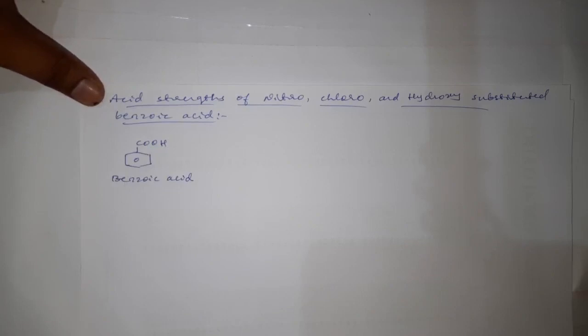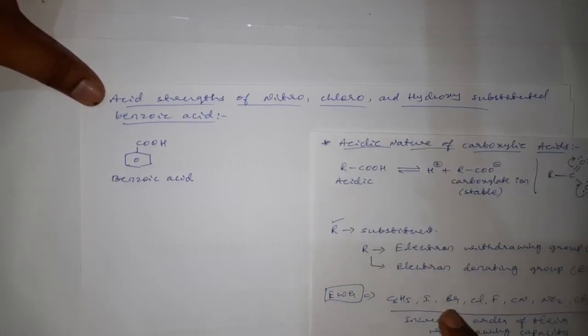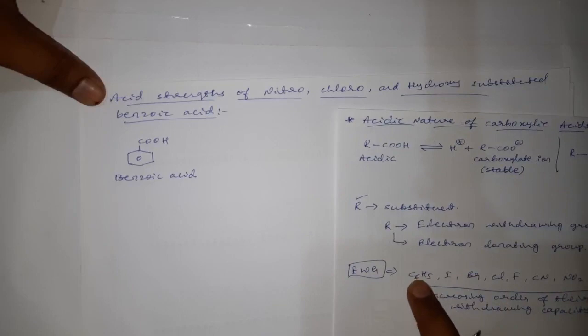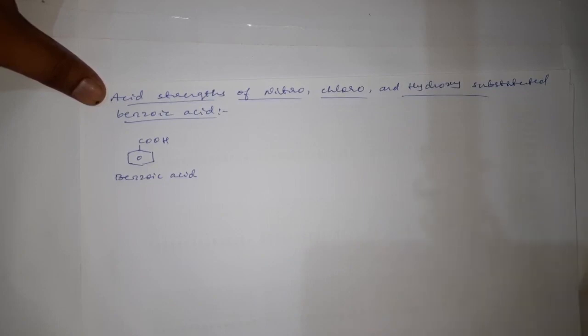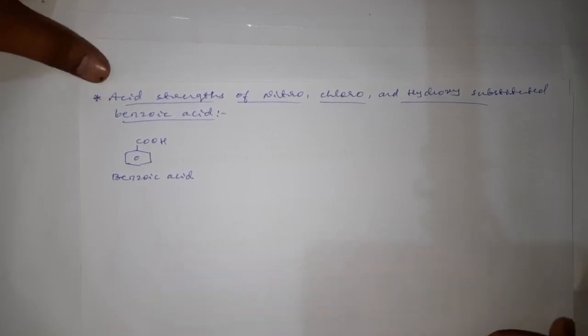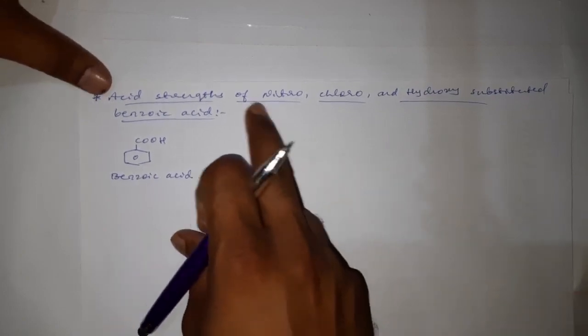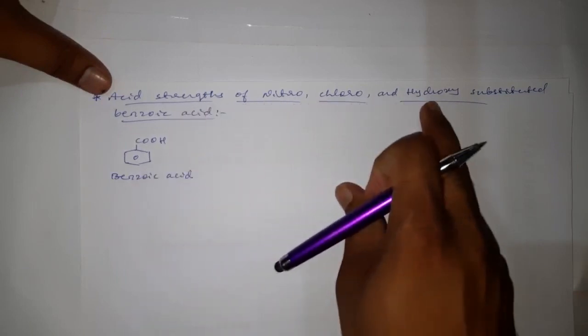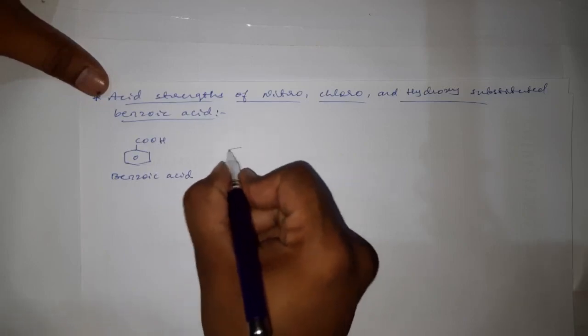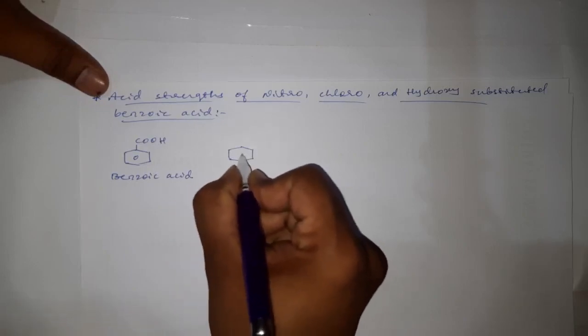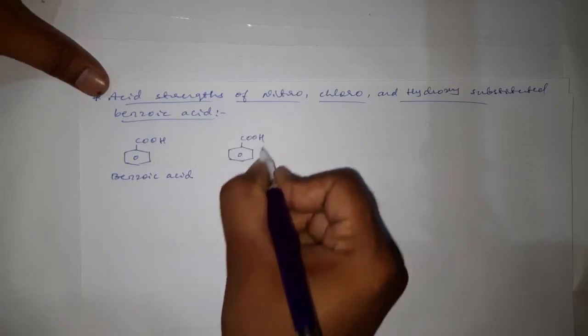The substituent is what? C6H5. See this one, C6H5, and as it is there as an electron withdrawing group, it will increase the acidic nature of this carboxylic acid. Okay, but here they are telling to compare the acidic strengths of nitro, chloro and hydroxy substituted benzoic acid. Here we have to take the nitro substituted benzoic acid.